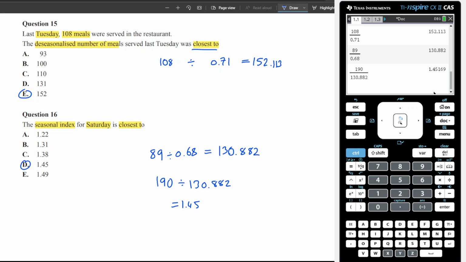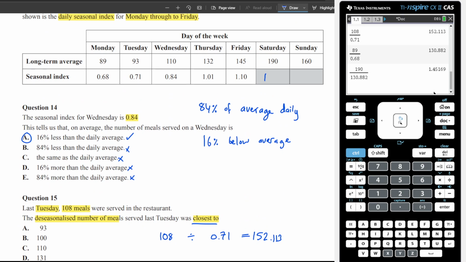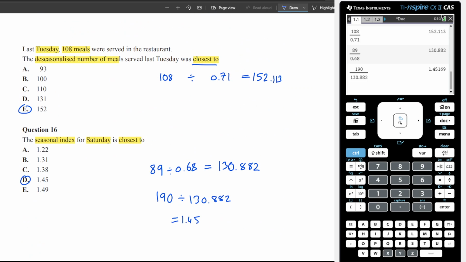Okay, if we really wanted to check, we could go through and check our answer and put 1.45 in here and do the same process for Sunday. And if we did the same process for Sunday, we should get a number in here such that all of our seasonal indices should add up to 7 if we were to add them together. So let's just do a quick Sunday calculation.